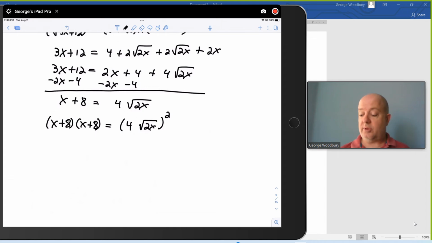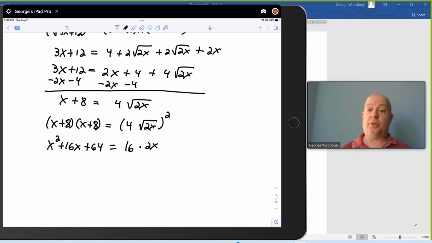What you're going to end up with there is x squared plus 16x plus 64. You'd have x squared, 8x, another 8x, and 64. I combine the 8x's together. On the right-hand side, 4 squared is 16, and the square root of 2x squared is just 2x.